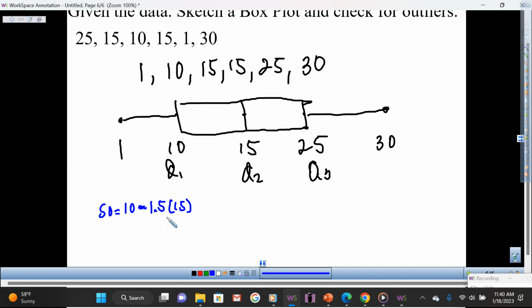Tell your neighbor how he got 15, please. Yeah, the IQR. So what'd you get for that, Matthew? Negative 12.5. Okay, so that's way over there. So is 1 an outlier? No. Okay. Pass that one for the high end.